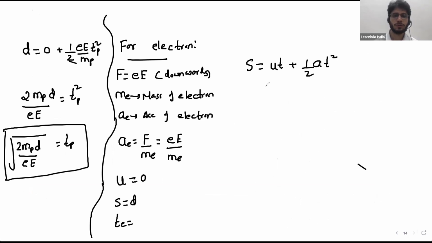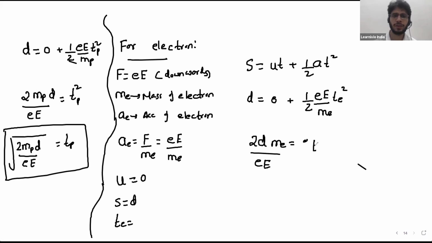Displacement is d, initial velocity is 0, half, acceleration is eE by m_e, into t_e square. If I multiply it, it's 2d m_e divided by eE is t_e square. So time taken by electron is root over 2d m_e divided by eE.